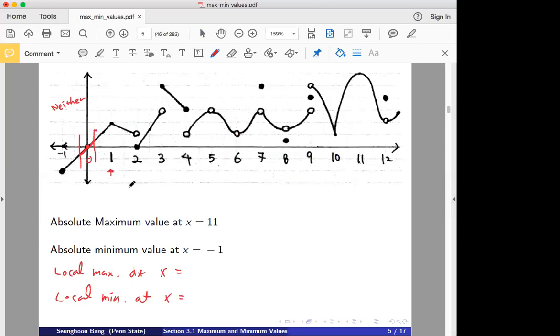How about one? Local maximum, local minimum, or neither? What is the answer? One. Local maximum. Yep, cut like this. The point compared with the left hand side is the highest point. Compared with the right hand side, the highest point. This is a local maximum. How about two?